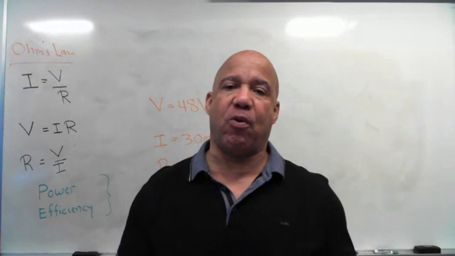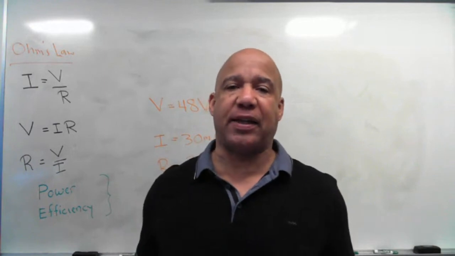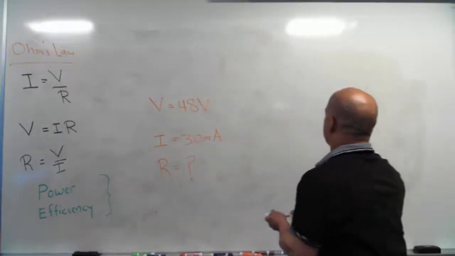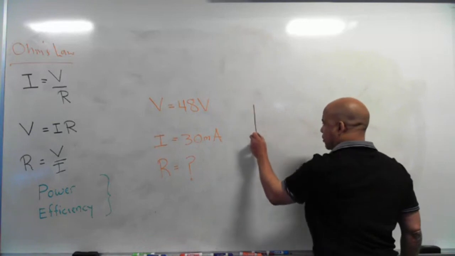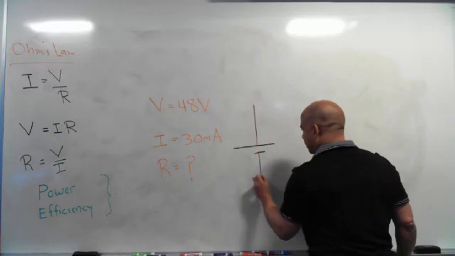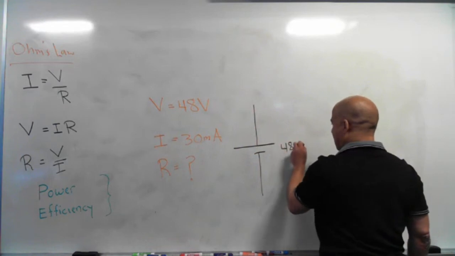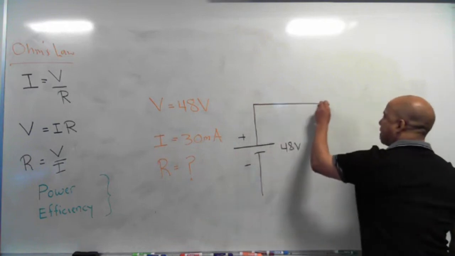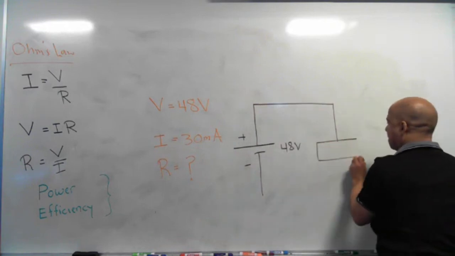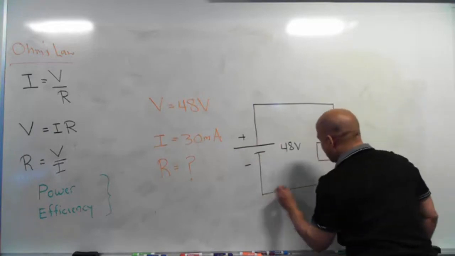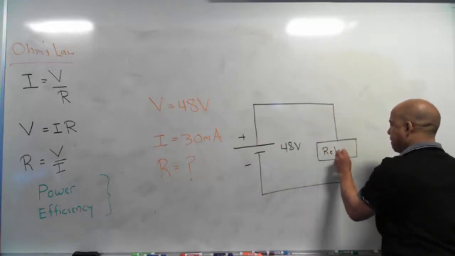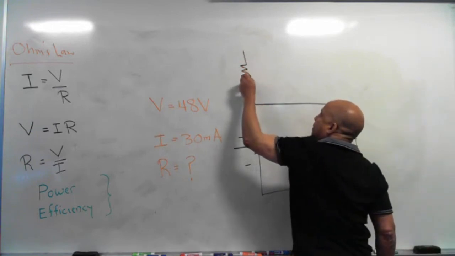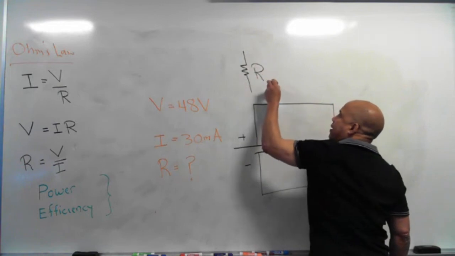And there's actually a schematic symbol for a relay. But let's just say you didn't know what that schematic symbol looked like. How would you draw the circuit? Well, I got a voltage source of 48 volts. So I'm going to use one of my symbols for voltage. I don't know what the relay looks like, so I'm just going to make a box. And I'm going to label it relay. Now the other thing I could have done is I could have just made a resistor and call it R relay.